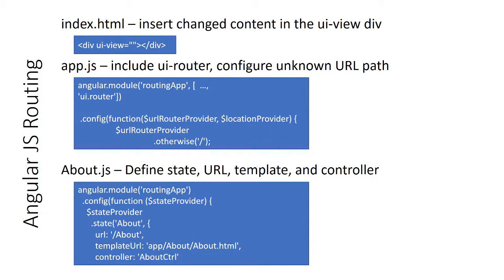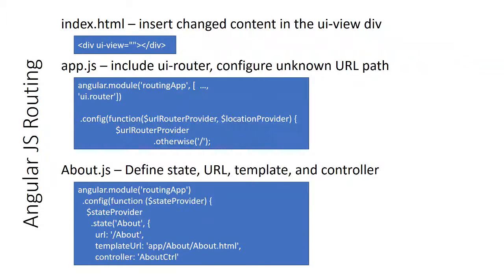Okay, so let's start with Angular. Like I mentioned, for the content section in the index.html, there's a div UI view. That defines where the content goes that's going to be swapped out every time the UI route changes. Usually above that in the index.html is my navbar and my header, and then below that I'll put my footer. There's an app.js file which configures the router.